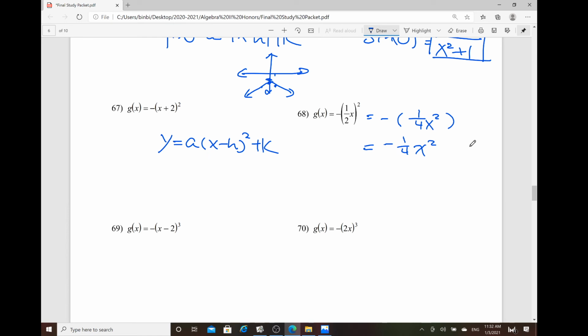That turns out to be the horizontal compression. We know that h and k is 0, 0. And we know there's a negative, so that means it's reflected over the x-axis. So eventually the graph is going to be a little bit wider. You can always plug in a number and set up the xy table if you want to. So it's going to be facing down this way.